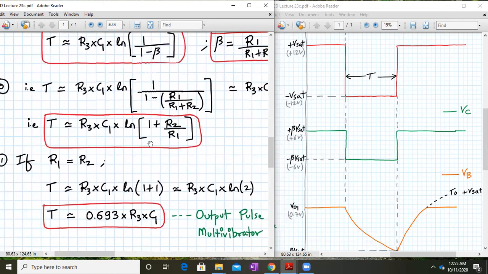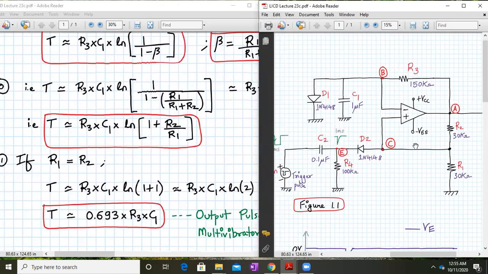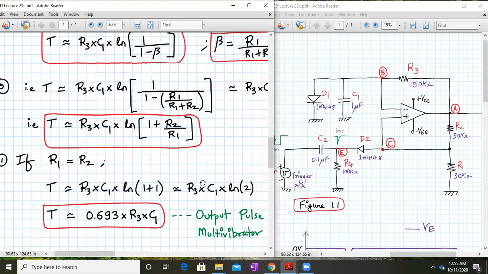Now in this design, if we consider R1 and R2 as same, so let me go back to the diagram. Here it is. This is my R1, R2 and R3, and C1 capacitor over here. So if we consider R1 is equal to R2, we get the pulse width T approximately given by R3 into C1 into natural log of 1 plus 1, that is natural log of 2.